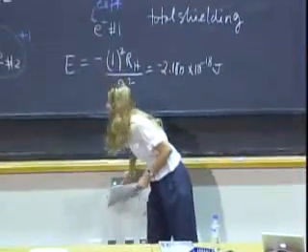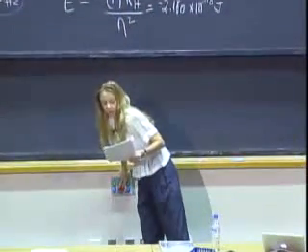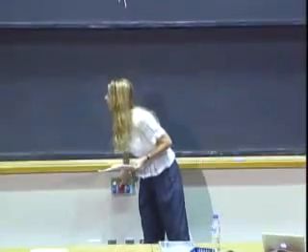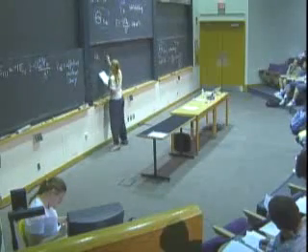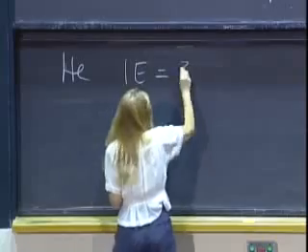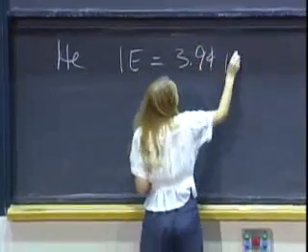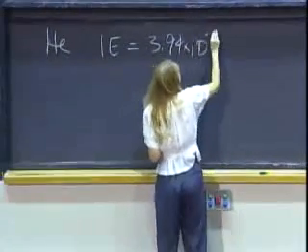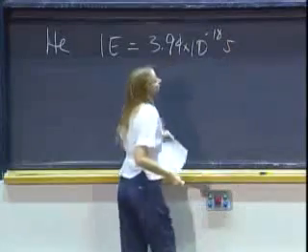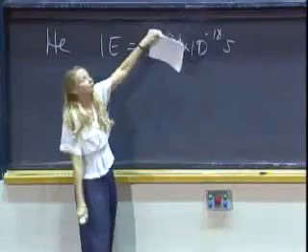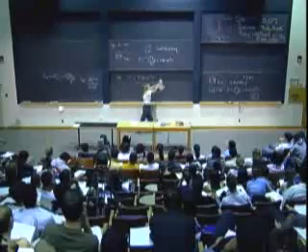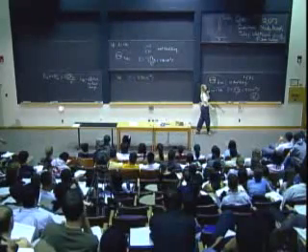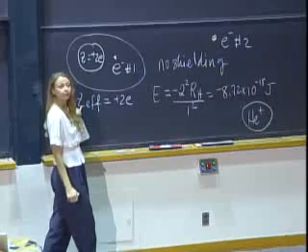That is the ionization energy for helium. For an electron in now neutral helium here, the ionization energy is 3.94 times 10 to the minus 18 joules. Somewhere in between this extreme case of total shielding and this extreme case of no shielding at all.